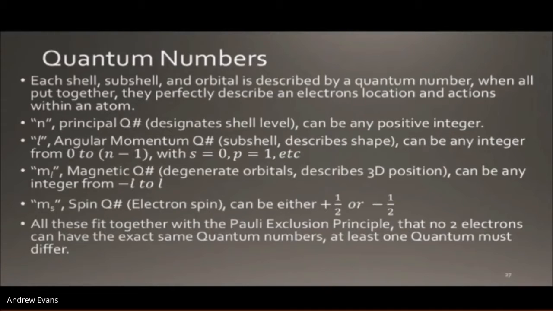So row 1 only has the s. Row 2 has both s and p. As we move across the table, we see lithium and beryllium in the s, and boron, carbon, nitrogen, oxygen, fluorine, neon in the p. And as we keep moving down, more subshells became available.